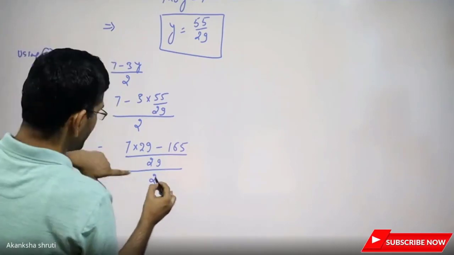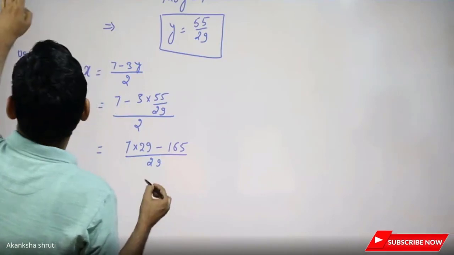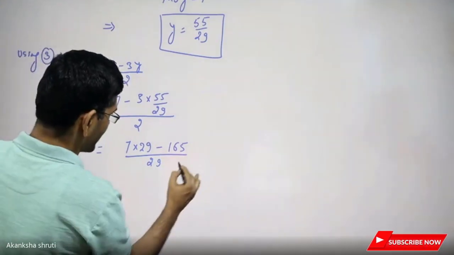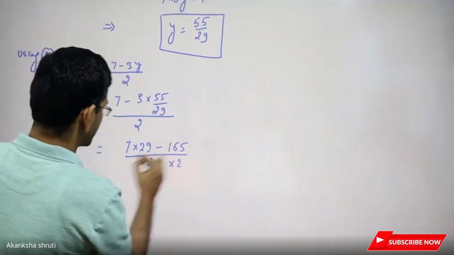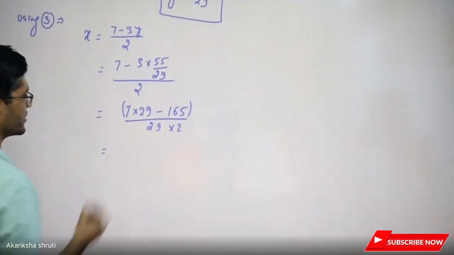It simply means this 2 will again come to the multiplication of the other denominator because it is 1 by 2 multiplied by 1 by 2. I'm going to write this much. I hope this much is known to all our class 10th students.